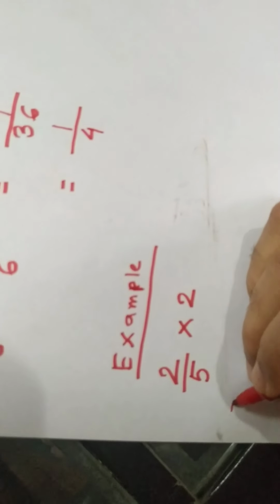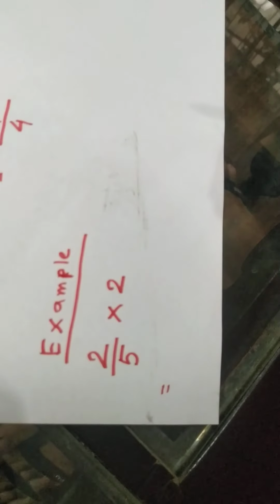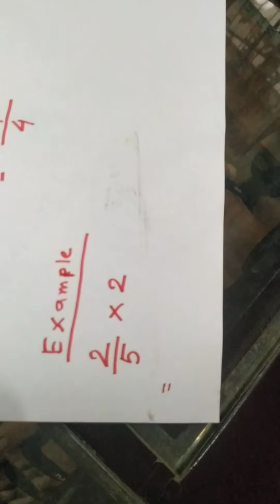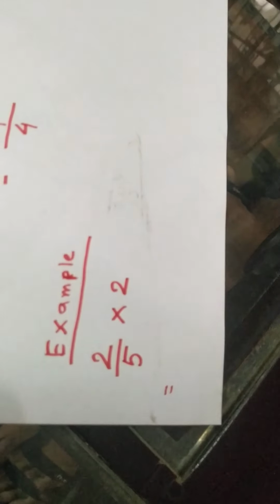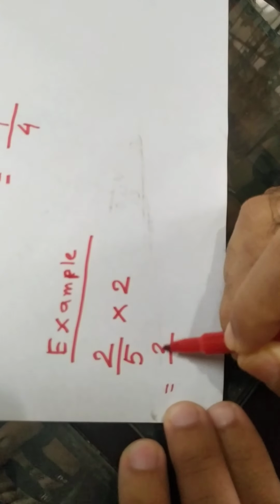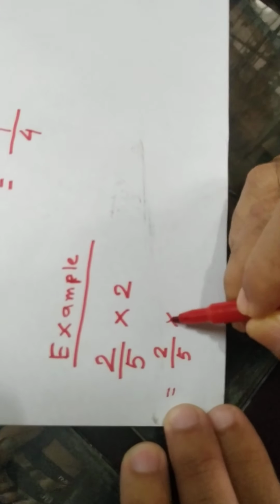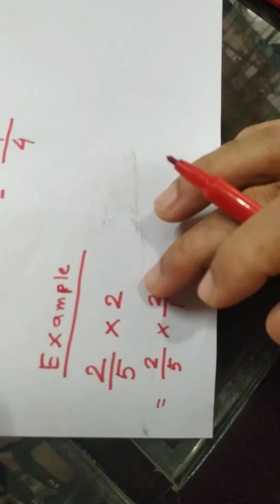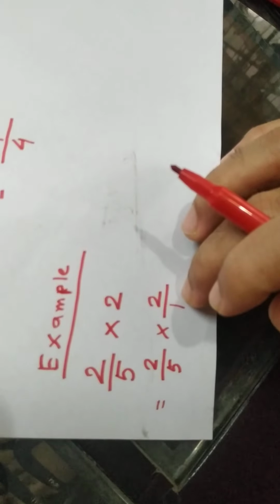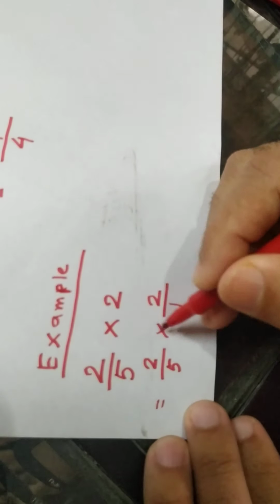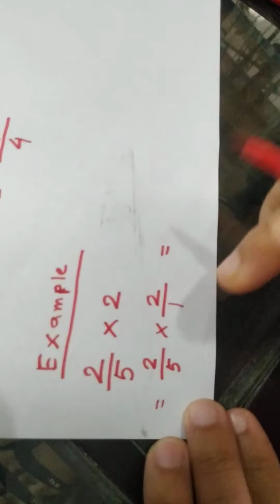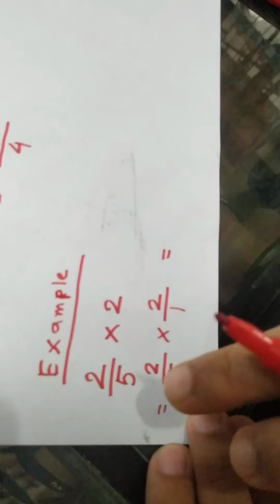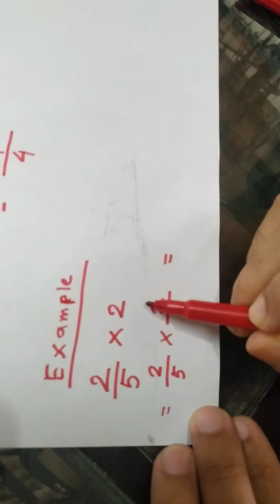Now, you might know or might not know that I can express all whole numbers as a fraction having a denominator of 1. So 2 by 5 remains 2 by 5 and 2 becomes 2 by 1. Why is it so? Because 2 divided by 1 gives me 2.